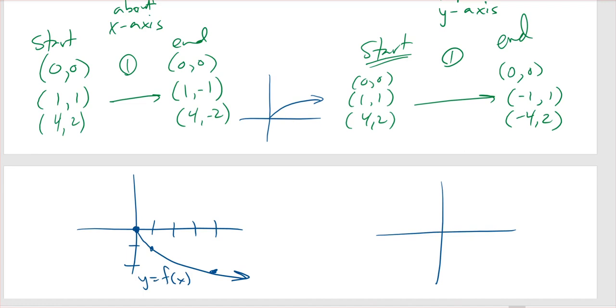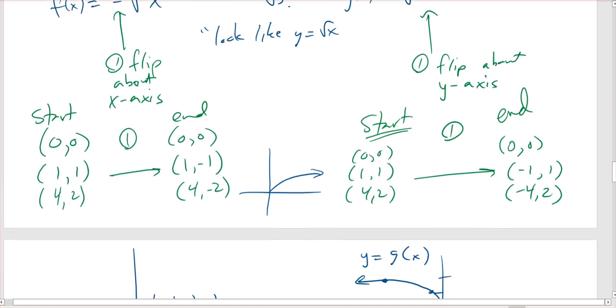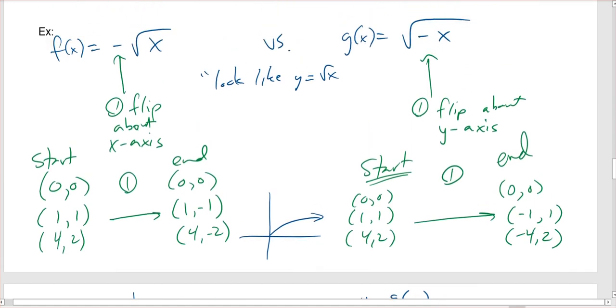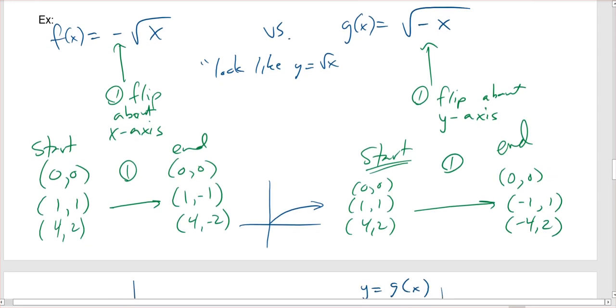And then if I draw this one, we got 0, 0, negative 1, 1, and then negative 4, 2. All right, there's y equal g of x. Okay, so we've got reflections. So yeah, for now, let's just deal with only one at a time here, and we'll put it all together at the end. So we've got reflections.